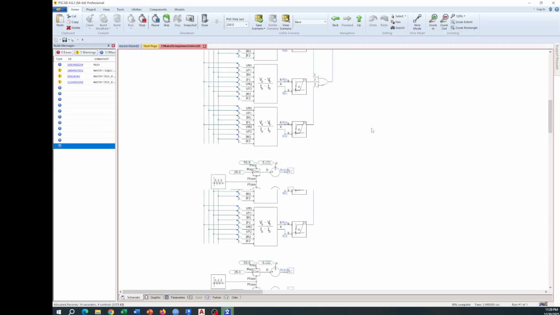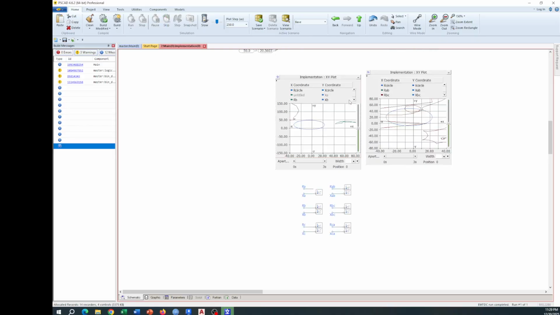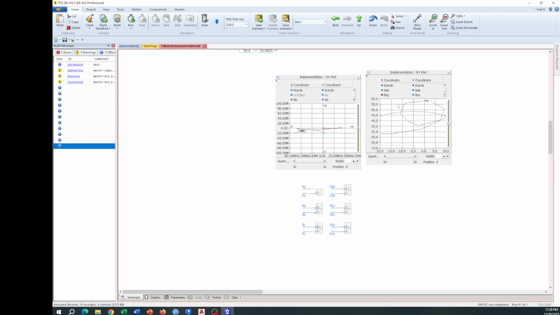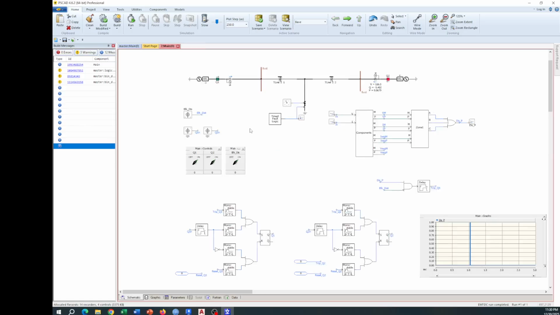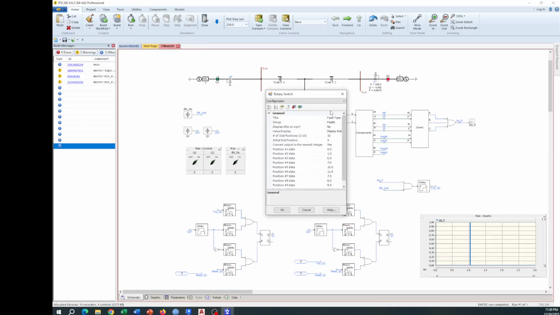Let's go to our diagram. Look, this is the vector diagram. As there is a fault, the cross is inside this circle. Let's see without the fault again.